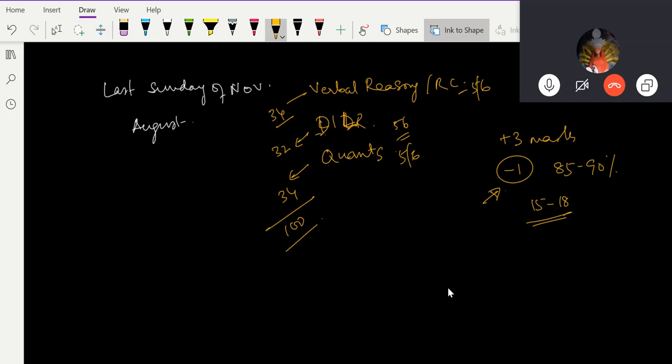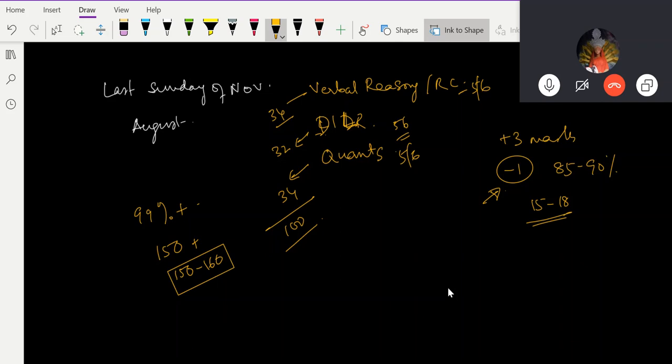Now, what do you think is a good score in CAT? When I say good score, I'm talking about 99 percentile plus. I guess 160 and above. So roughly it is around 150 plus. It varies from year to year, but around 150 to 160 is the range.